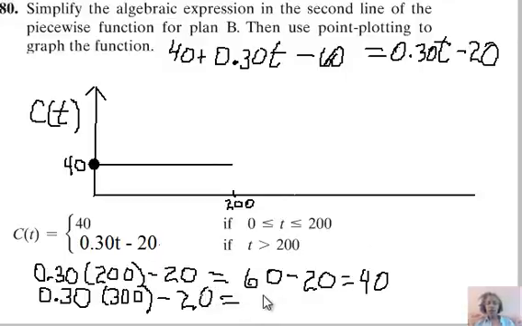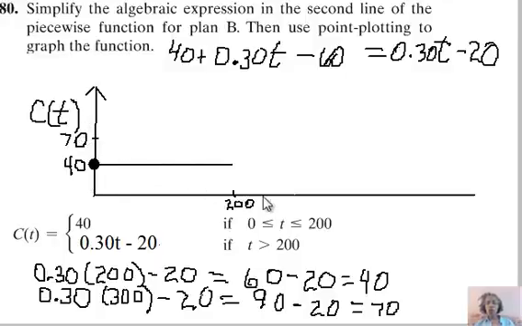So 0.30 times 300 is 90, minus 20 is 70. So 70 would maybe be somewhere right about here. I could have used any value bigger than 200.